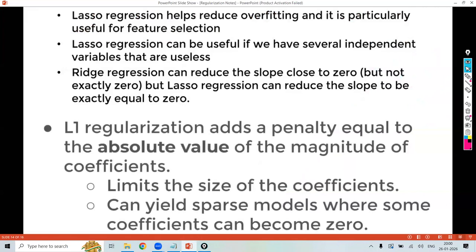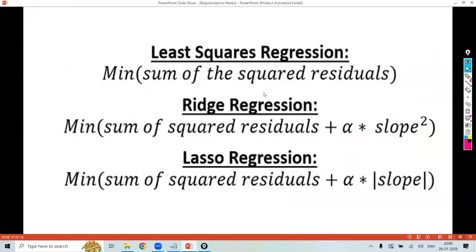Right? Now, the third one is, so linear regression, ridge regression, lasso regression. For linear regression, sigma of (y minus y hat) whole square should be minimum. For ridge, sigma of (y minus y hat) whole square plus alpha into slope square should be minimum.